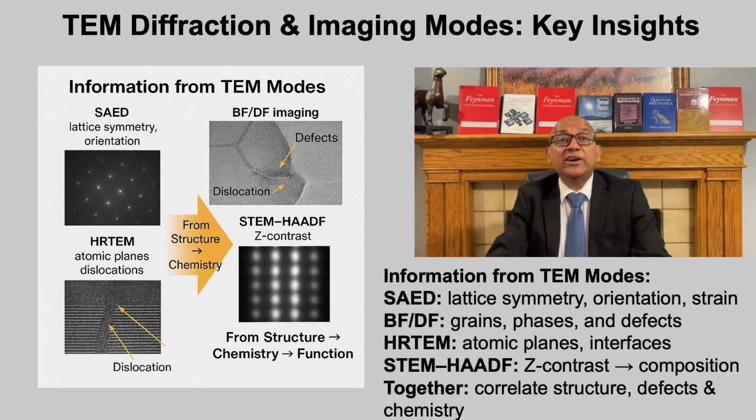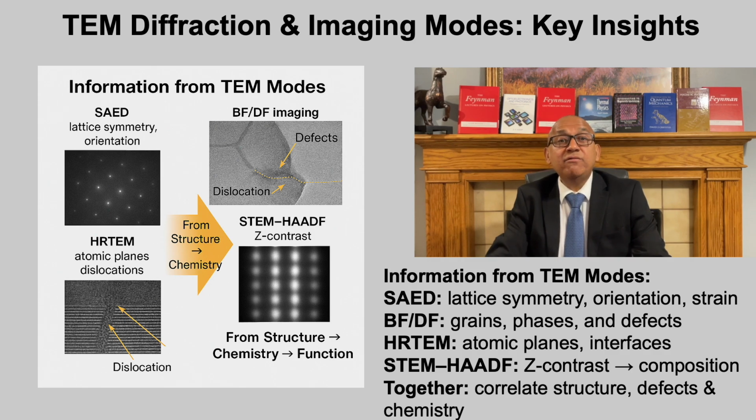Each imaging or diffraction mode in TEM provides a distinct type of information, and their real power lies in combining them. Selected area electron diffraction, SAED, allows us to extract lattice parameters, orientation relationships, and strain in specific regions of a sample.